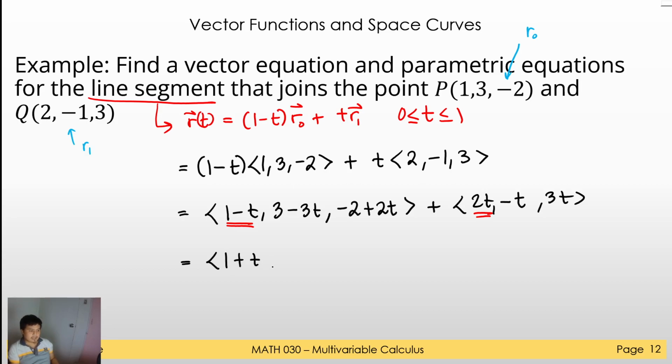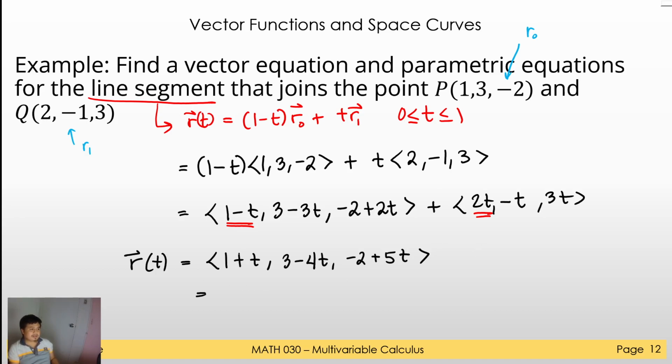And then we have here 3 minus 3t minus t, this will be 3 minus 4t, and then we have negative 2 plus 2t plus 3t, so this will be negative 2 plus 5t. So this is actually your vector r at the domain 0 to 1.